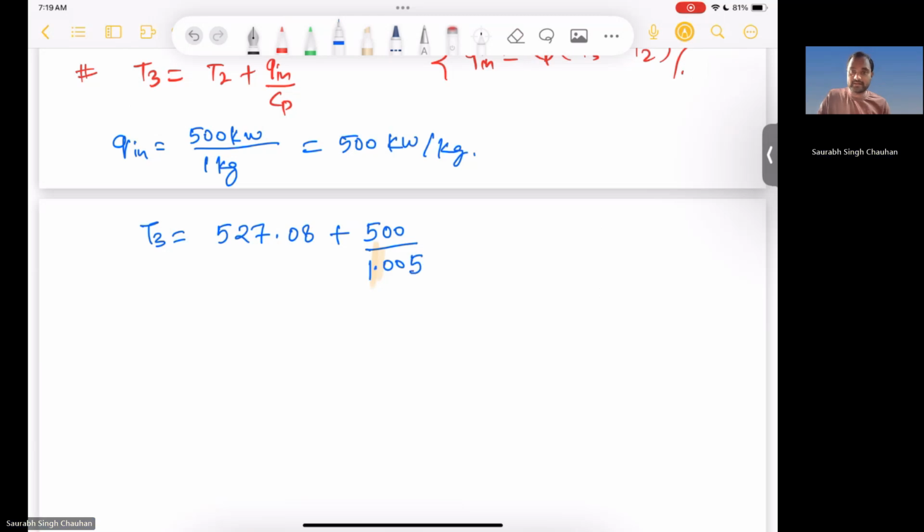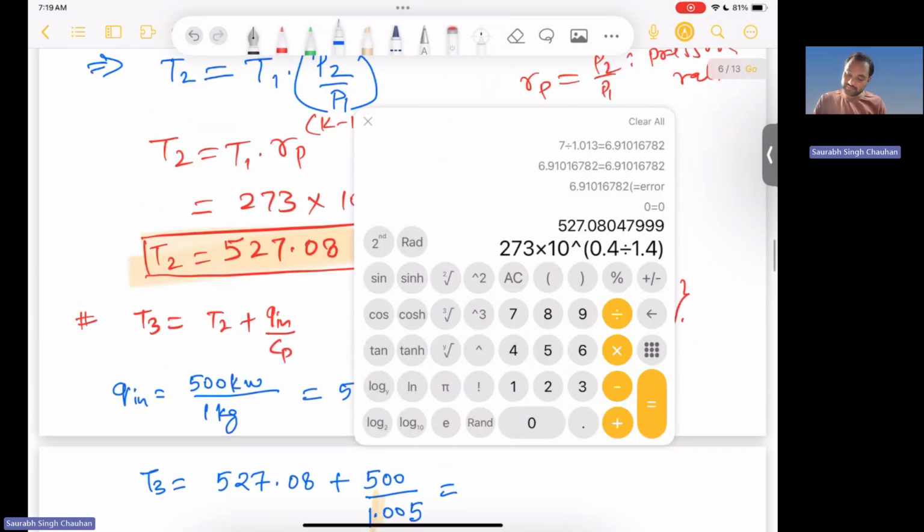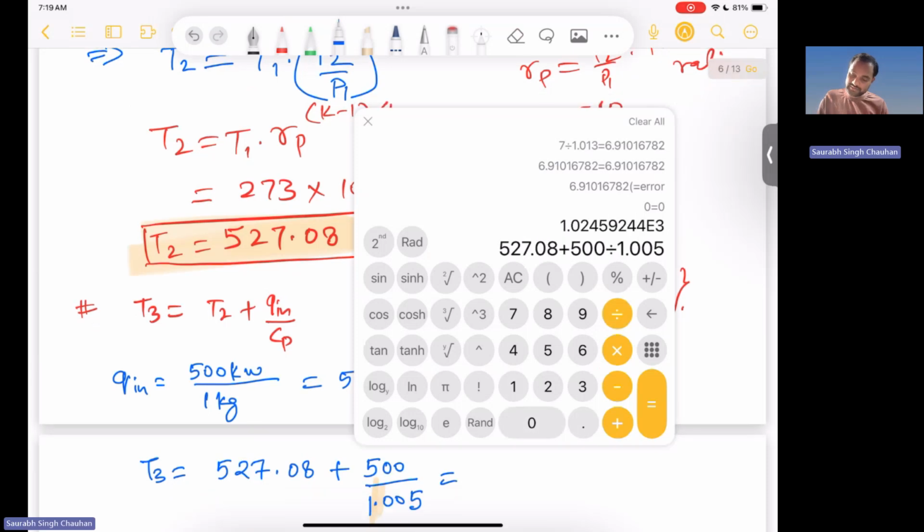1.005. Correct. So if you calculate this value, then we will get T3. 527.08 plus 500 divided by 1.005.